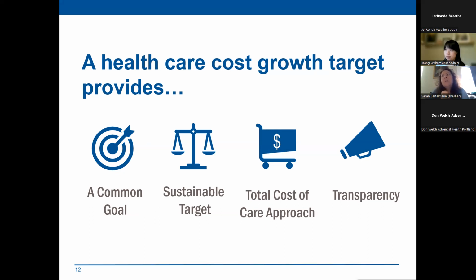We know also that there are many things that affect healthcare costs. This is a very dynamic topic. It's very complicated. There are lots of different pieces and factors moving. But the cost growth target program, having a cost growth target, takes the approach of saying we are focused on total cost of care. We are looking at everything. We are looking at the highest level roll up possible. And that is what we are addressing.